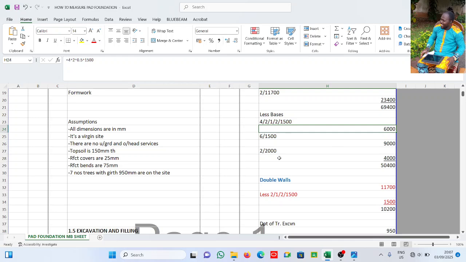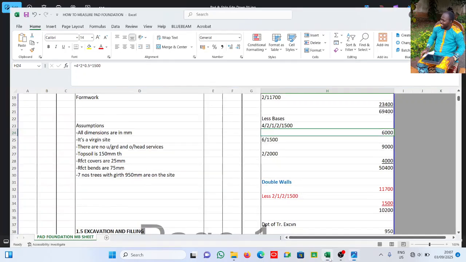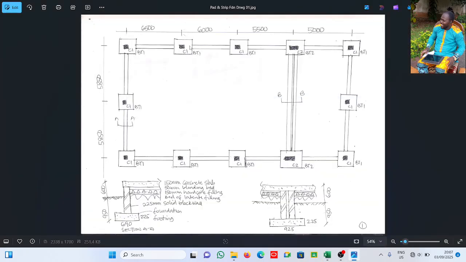Right. Then also we need to less this. Remember, I have done this base, this base, this base, this base, this base, this base, this base. Right? So please, you need to deduct it also.